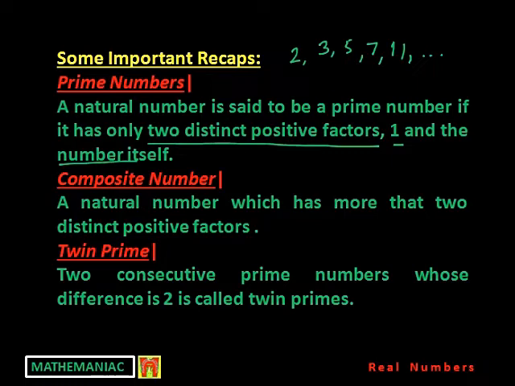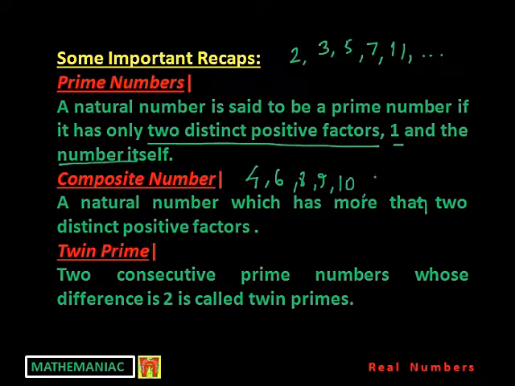Then composite number, a natural number which has more than two distinct positive factors. So the smallest composite starts with 4, then 6, then 8, then 9 will come, right?